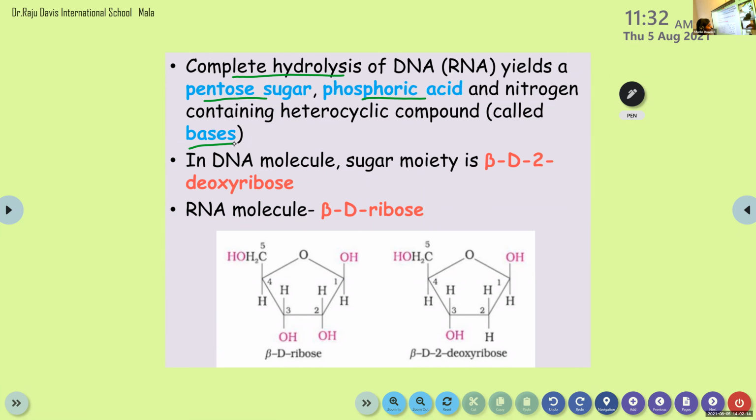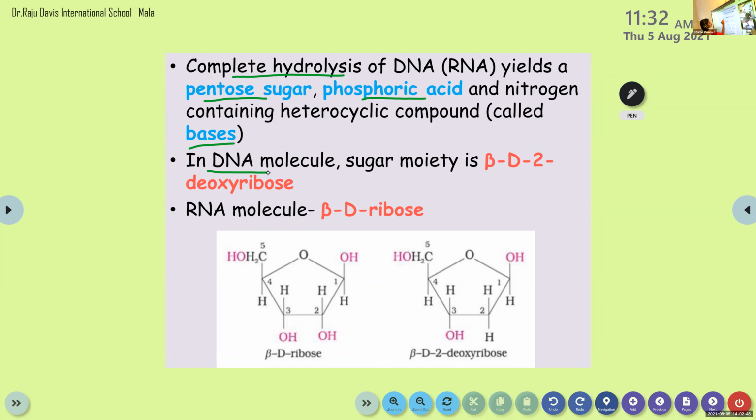So the major three components of DNA or RNA are one pentose sugar, phosphoric acid, and one base.